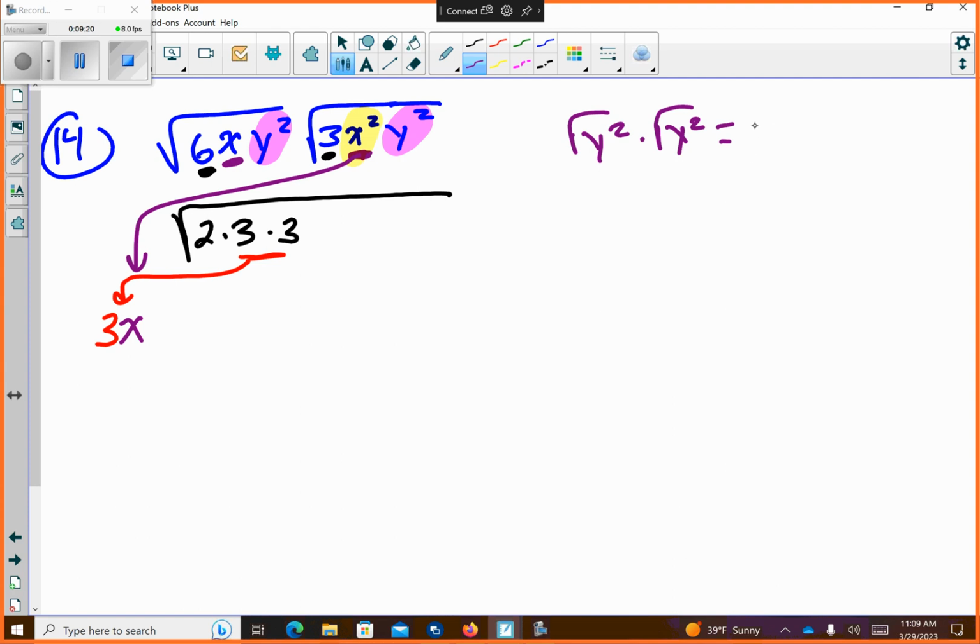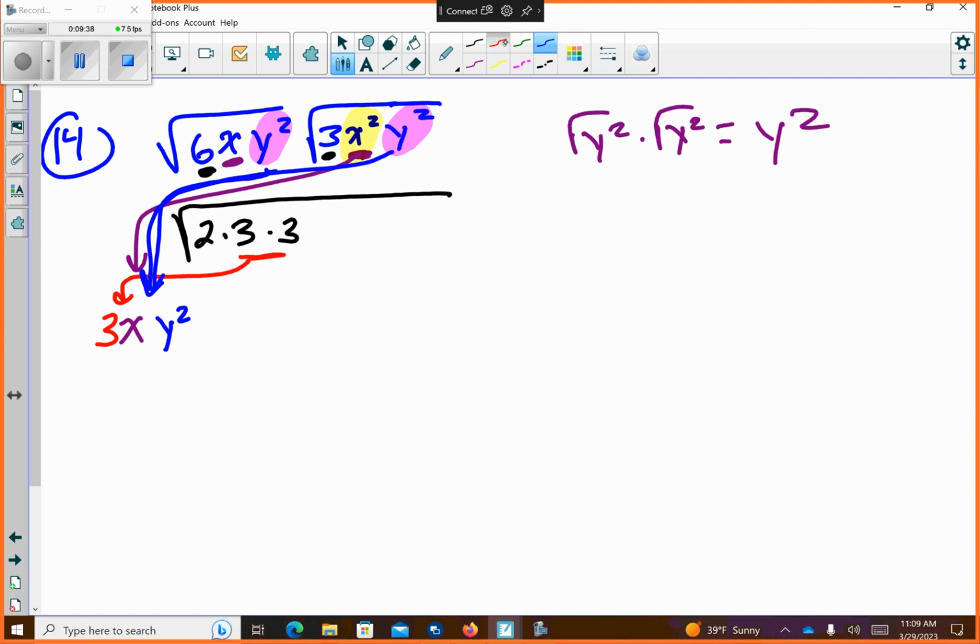Y squared. Very good. That was from yesterday's notes. Good job, Marks. So that means these y's here form a perfect square.